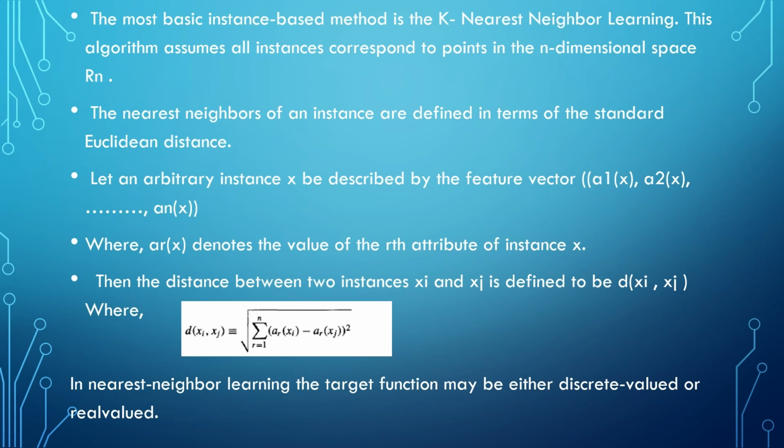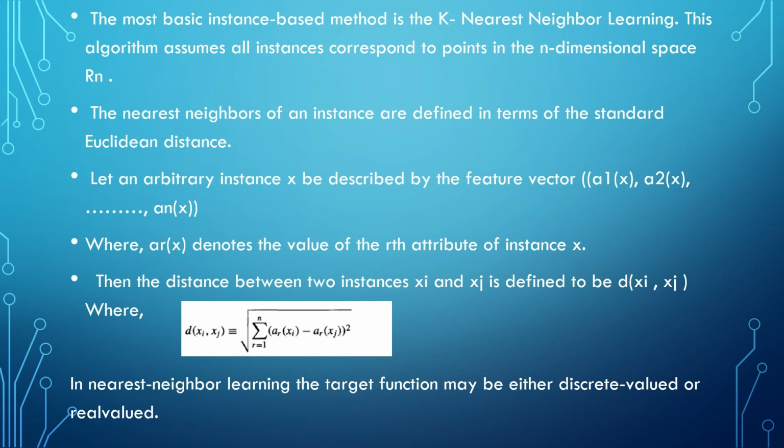Let an arbitrary instance x be described by the feature vector a1(x), a2(x), ..., an(x). Here ar(x) denotes the value of the rth attribute of instance x. For example, let us consider two instances, xi and xj, defined by the distance d(xi, xj).